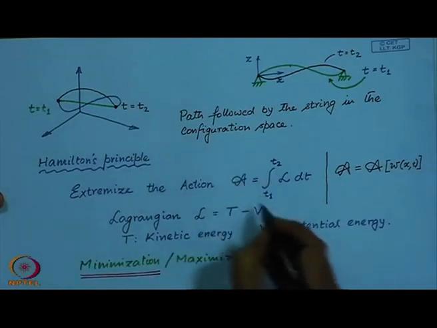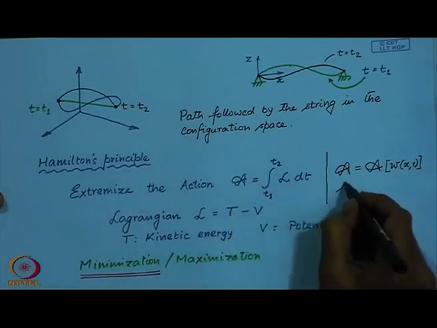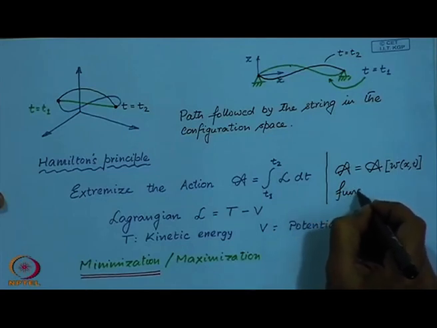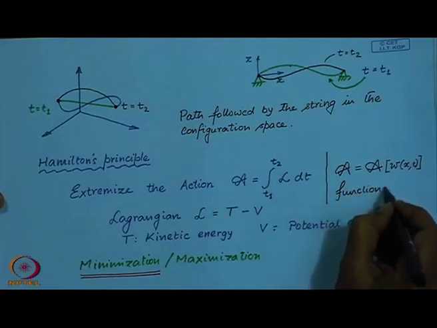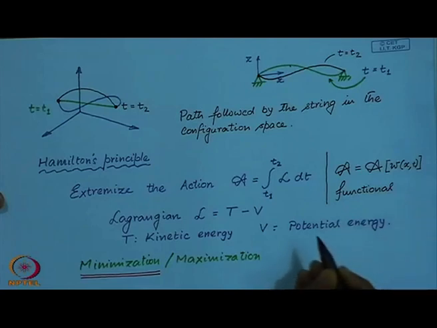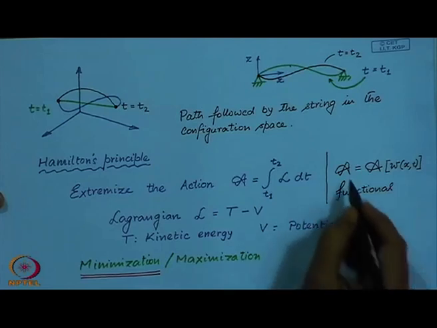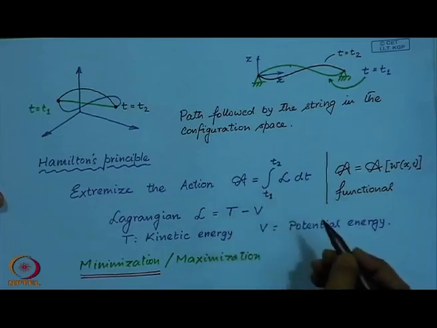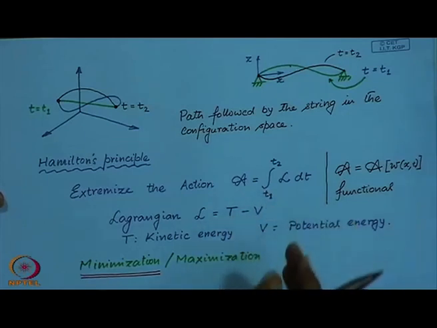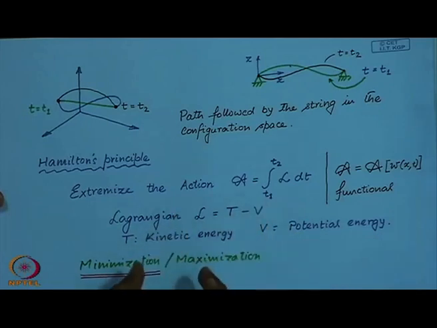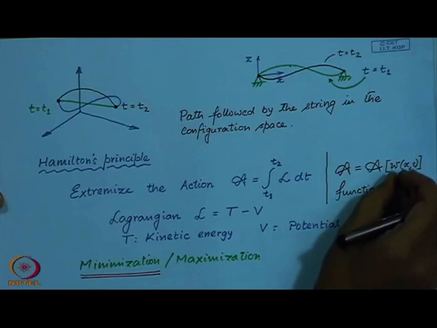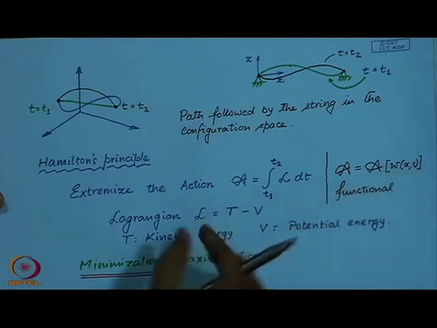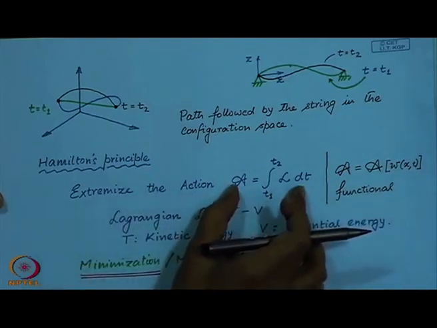Such a thing is called a functional. So, it is a function of a function. So, this action is a function of a function. So, we have to minimize over functions. We have to find a function which minimizes the action.